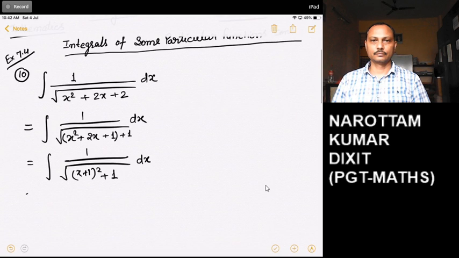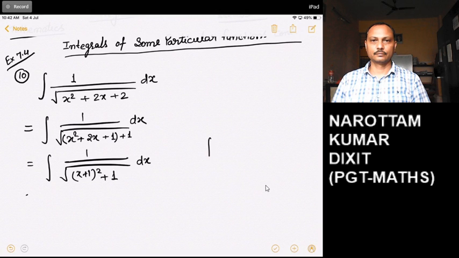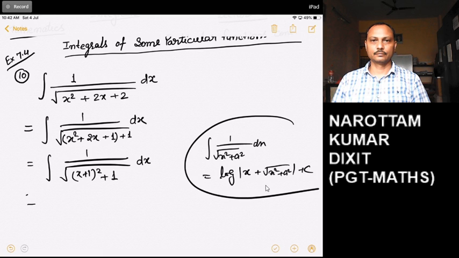Now we can use the formula that integration of 1 upon under root x square plus a square equals log of mod of x plus under root x square plus a square. So by using this formula, we can write log of mod of x plus 1 plus under root x plus 1 whole square plus 1 plus a constant of integration.